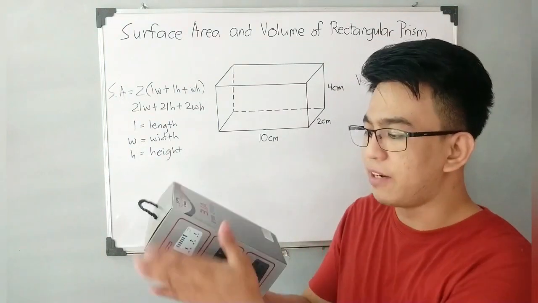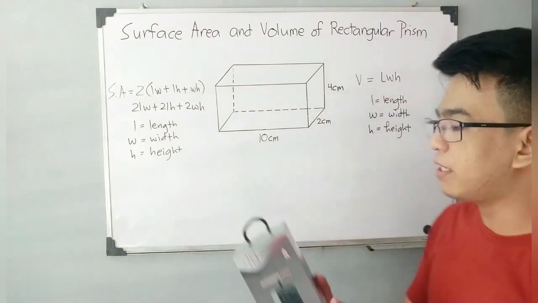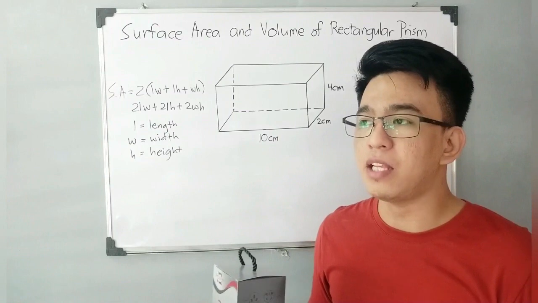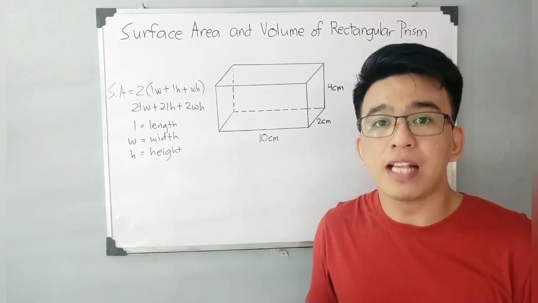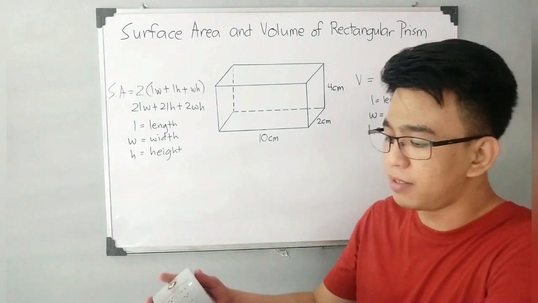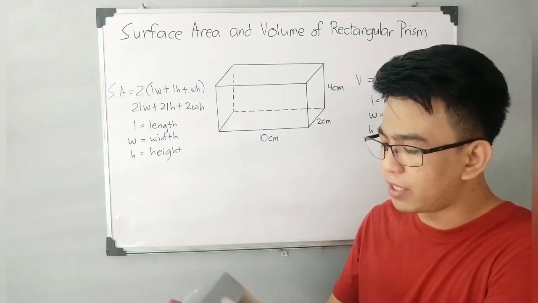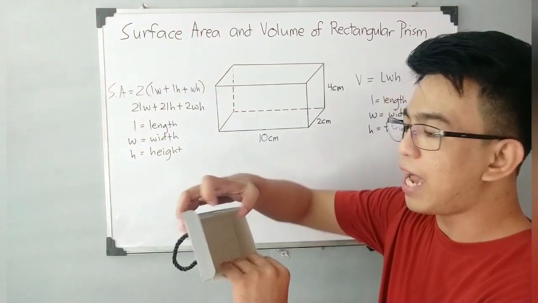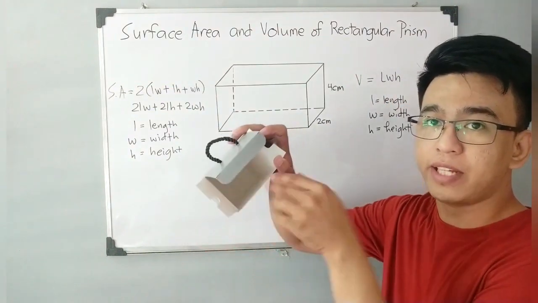Okay? So, yung surface area tayo. And for the volume naman, yung pinakamadaling term na, or words na gagamitin ko is that kinakalculate ito yung total capacity ng isang rectangular prism. So, let's say for example, I will open this box or this rectangular prism. And yung kinakalculate natin sa volume ay yung capacity o yung kayang ilagay sa loob ng isang rectangular prism.